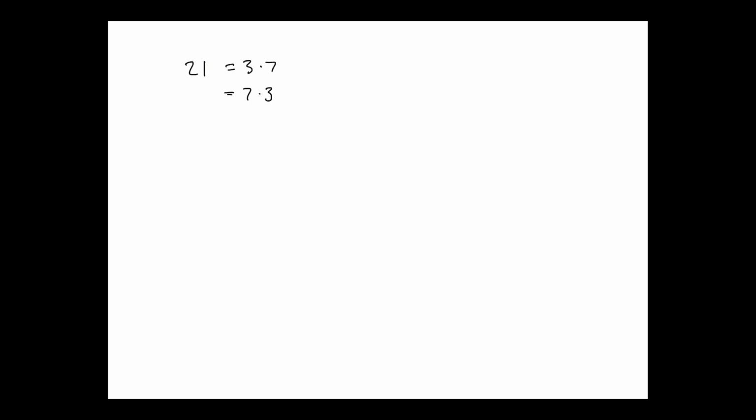Let's pick a different number. Let's pick, say, 42, which is just double 21, right? Again, I can factor it into 2 times 3 times 7, and I'm going to say that any reordering of those prime factors is not really a new factorization. It's just a reordering of what we already had.